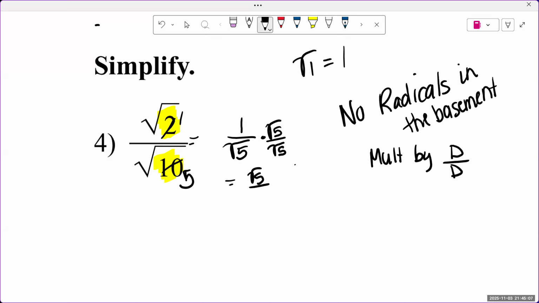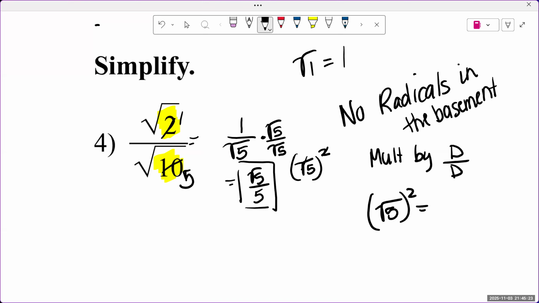Rad 5 times rad 5 is rad 5 squared. The square root cancels the squared, and that leaves 5. Let's look at that. Rad 5 squared is the same as radical of 5 squared, which is radical 25, which is 5. Very important piece.